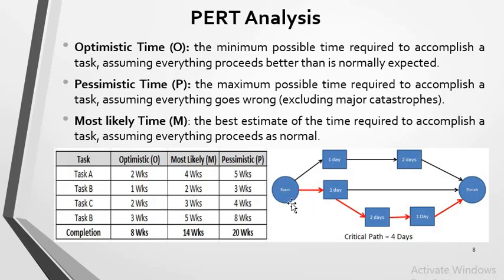And then comes the pessimistic way: if everything goes wrong, then a task would start, take one day, then go to the next day, and then again go to one more day, and then get finished. So something gets wrong, and a particular task takes more time than it should. So there are three time periods allocated: pessimistic, optimistic, and most likely.